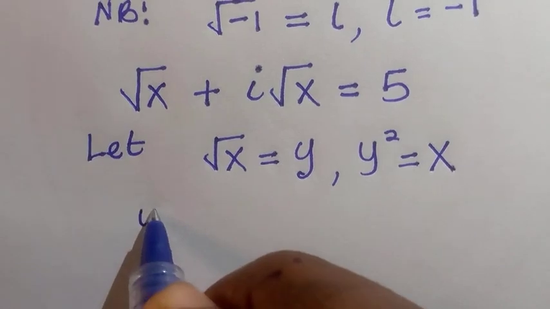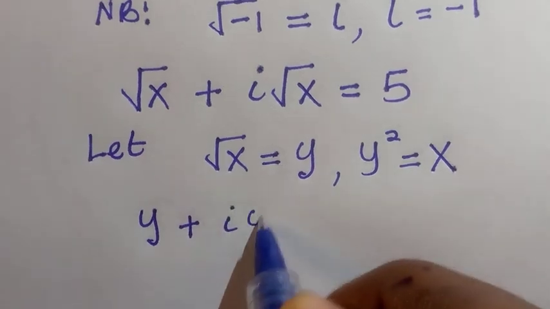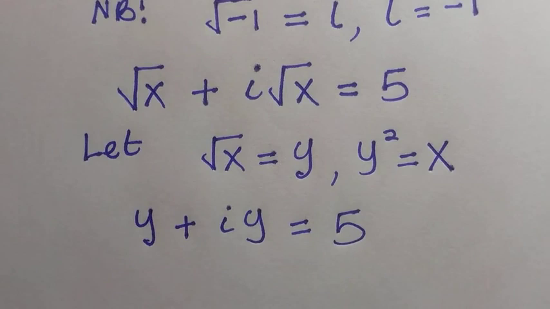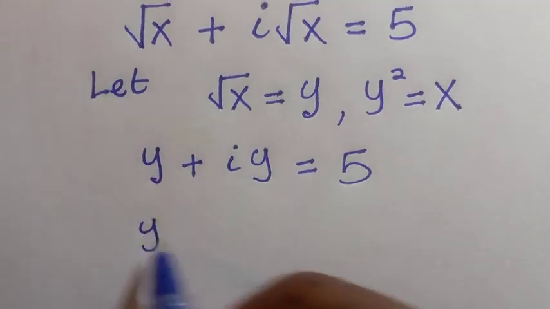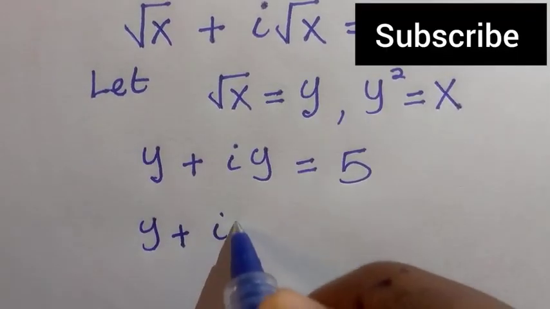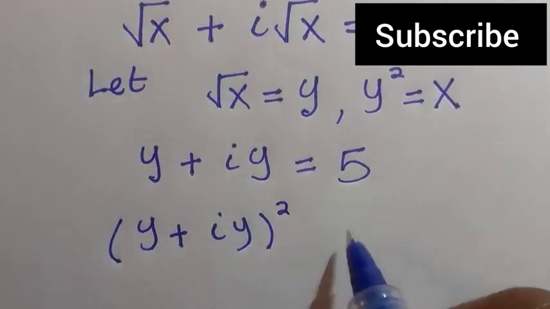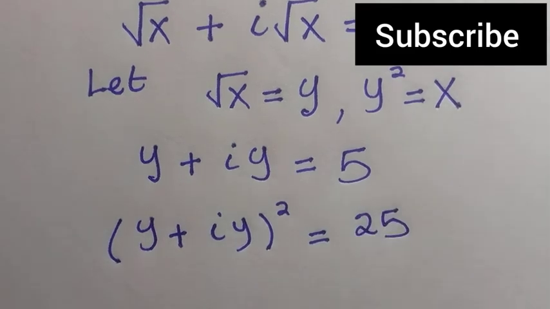We have y plus iy equals 5. And we cannot take iy to the left hand side. What to do is we are going to square both sides. When we square both sides, we have this then equals 25.